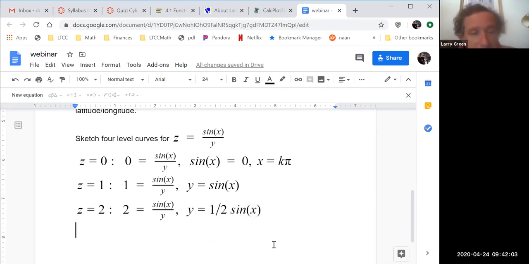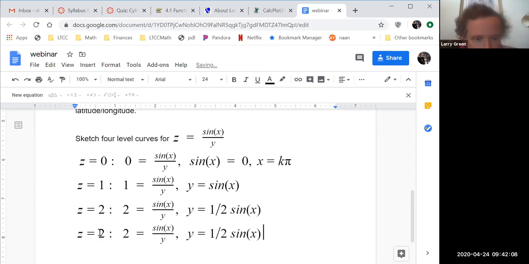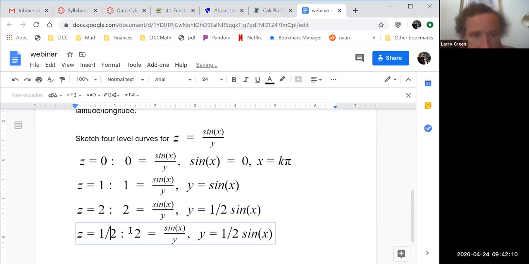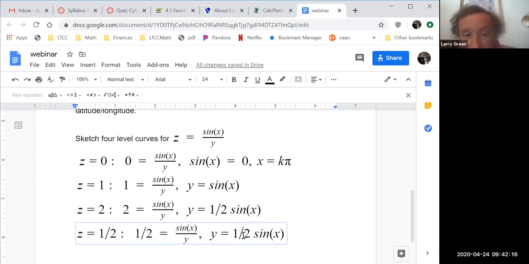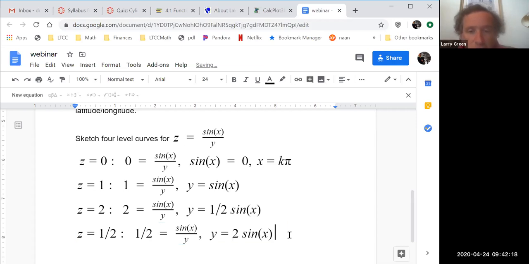How about 1/2, because that's an interesting one. So then 1/2 equals sine x over y, so y is going to be 2 sine of x. So you'll notice that as long as you stay away from 0, zero's a crazy one. That's why I was a little worried about starting there.